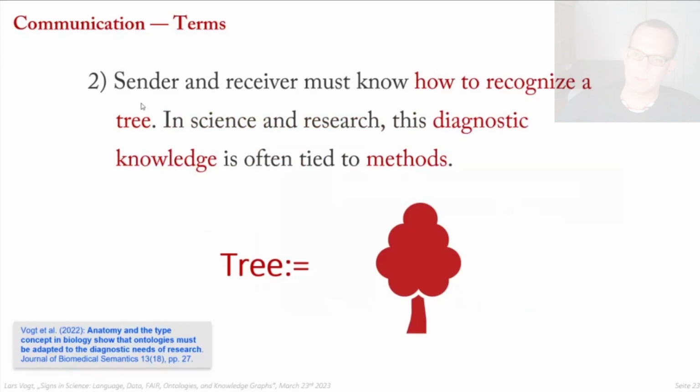And the other type of competence we need is concerned with diagnostic knowledge. So when a sender and a receiver talk, they both must know how to recognize a tree. In science, we call that diagnostic knowledge, and it's often tied with methods.